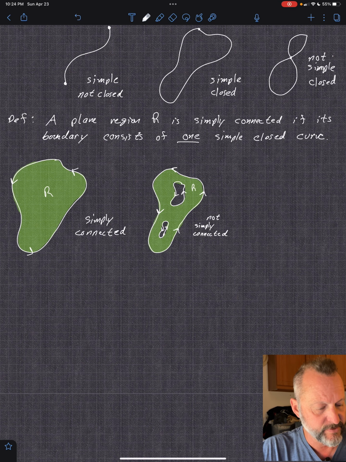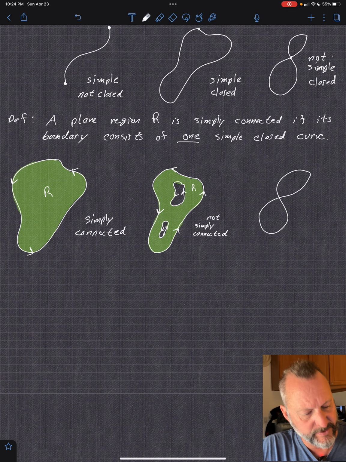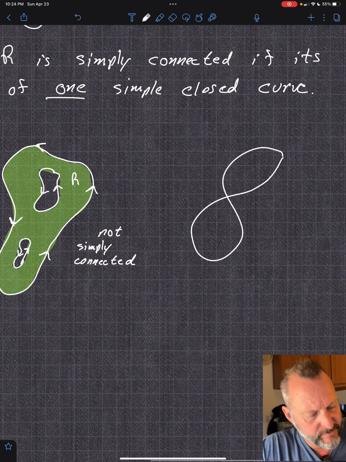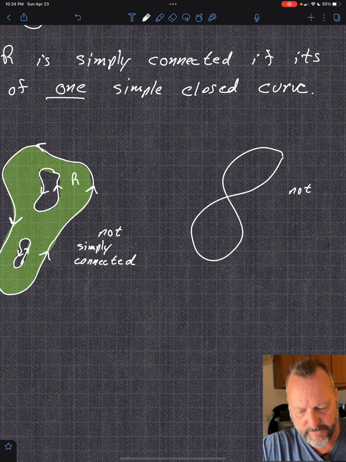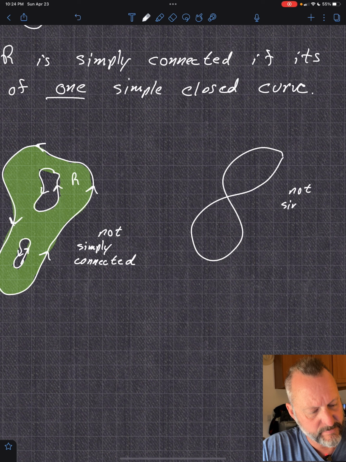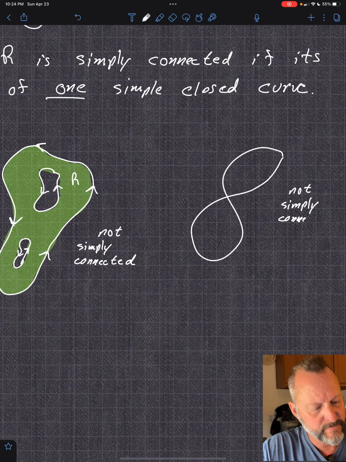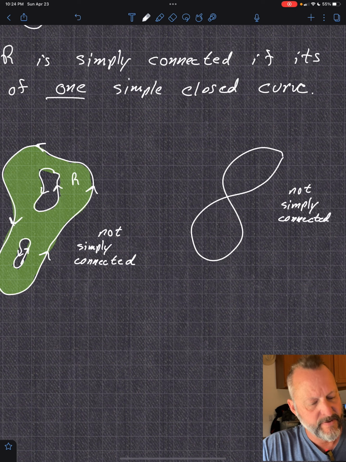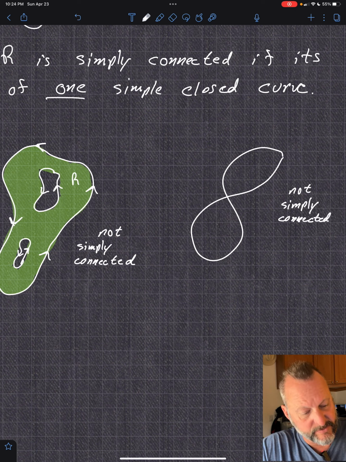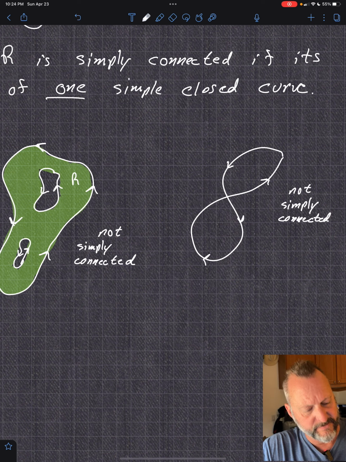And then you could have, of course, the thing above where it crosses itself. So this one would be not simple. As well, not simply connected as well because it crosses itself. But it is one curve. So you see the differences on what could happen.